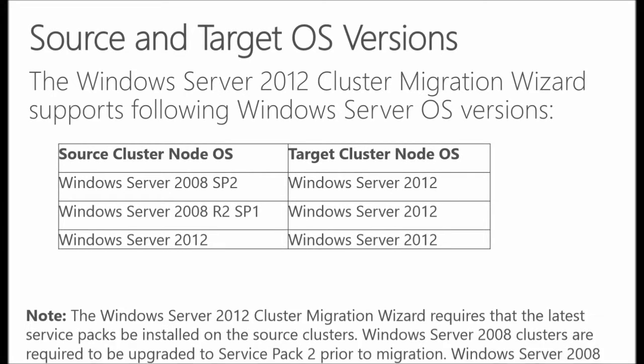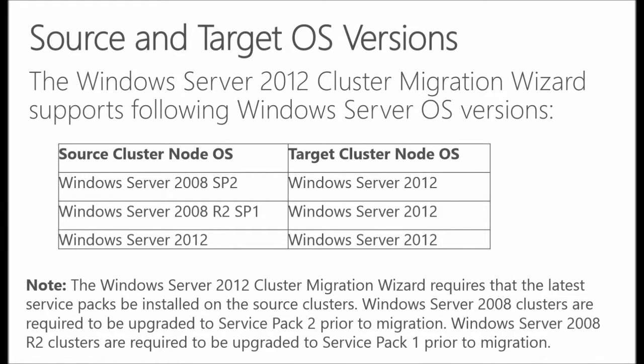Now there are some things that you need to take note of. To use the cluster migration wizard, you always run it from the target cluster, meaning your Windows Server 2012. And on your source cluster, you have to have the latest service packs.